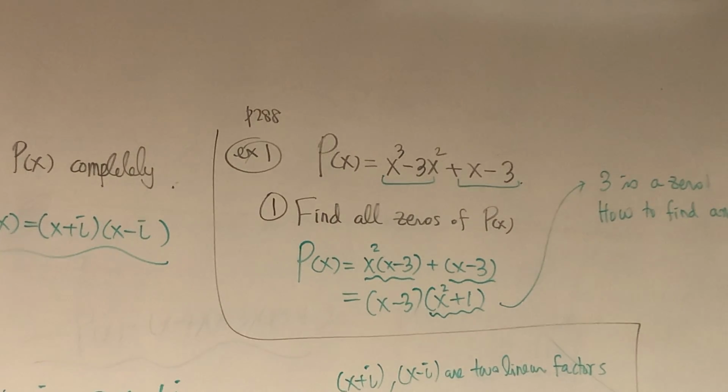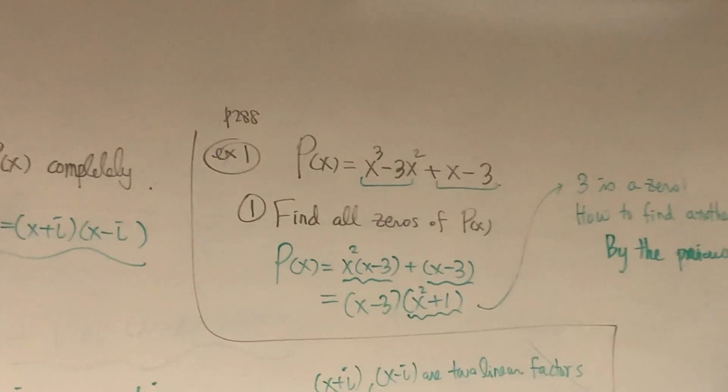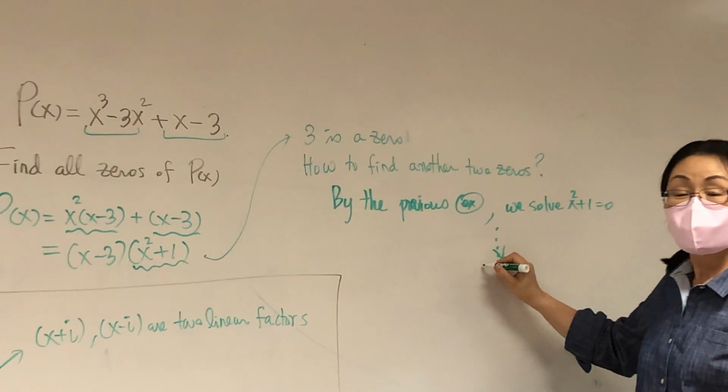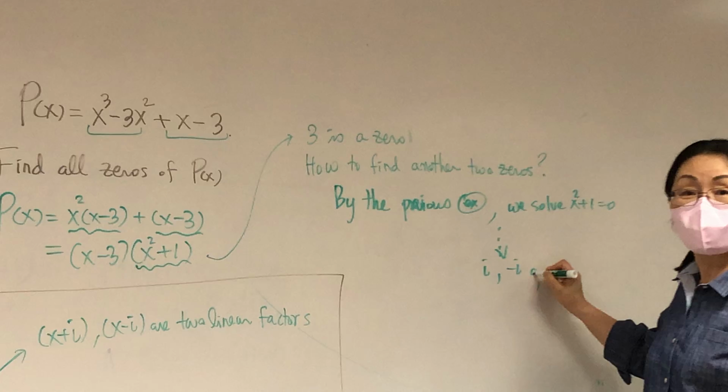By the baby example, it says x squared plus 1. By the previous example, we solved x squared plus 1 equal to 0 and found that i and negative i are 2 zeros.